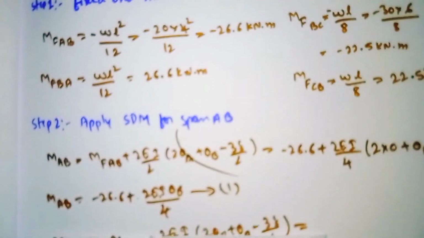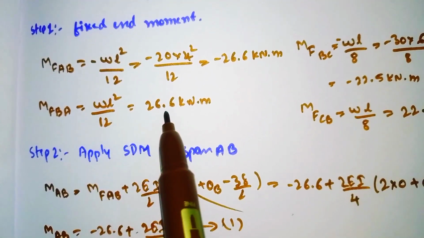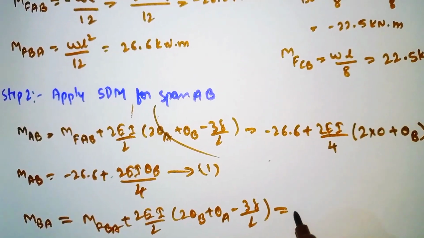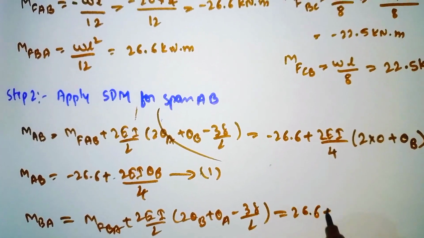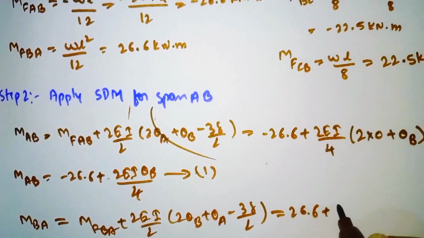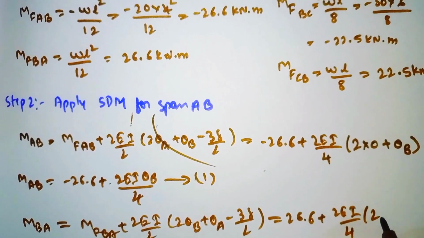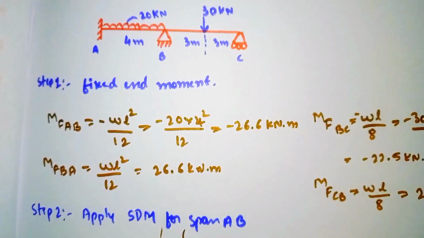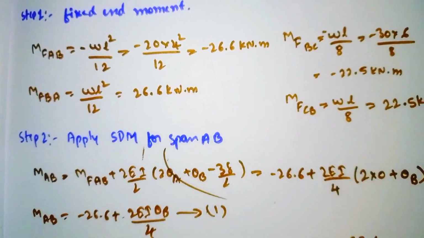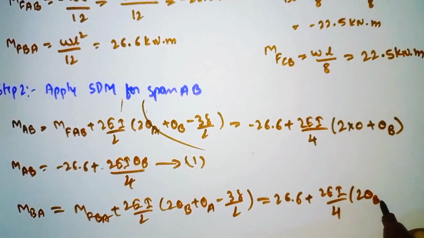MFBA we got was 26.6. So 26.6 plus 2EI, L value is 4, into 2 theta B; B is the hinge support, which means it has some value, so keep it as it is.